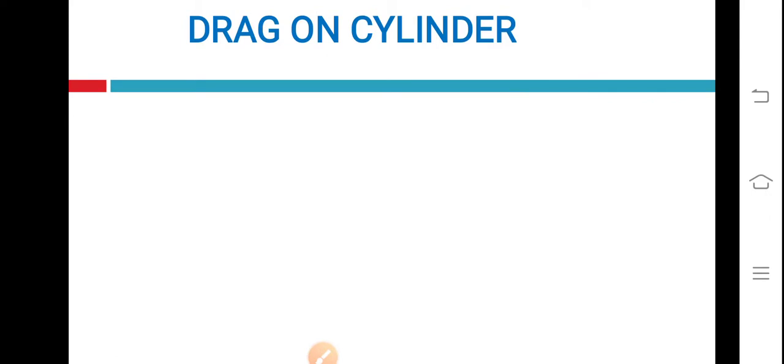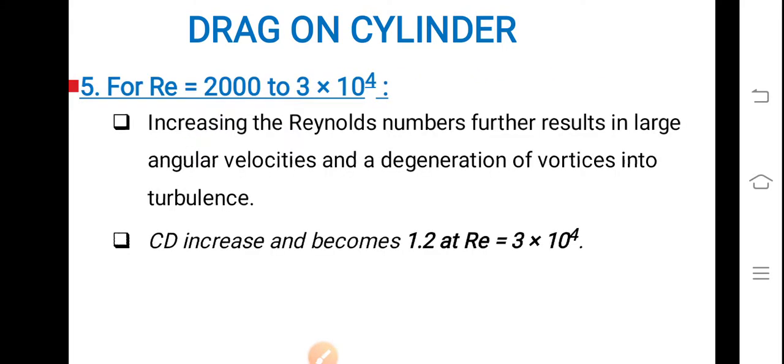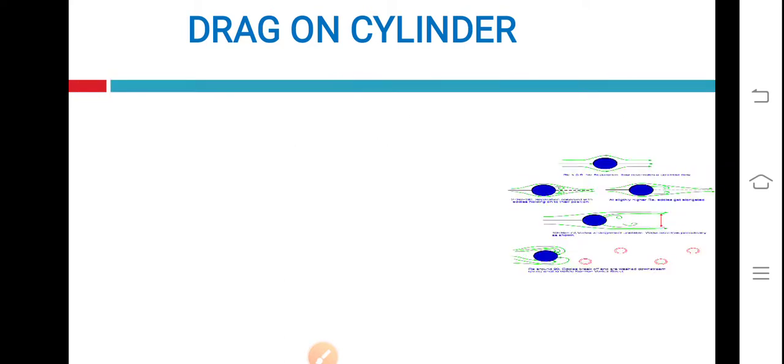Actually, Karman vortex trail, because these two vortices are formed after Re value exceeds 30, they will become unstable and wash down onto the downstream side. Again one pair of vortices is formed, you look at here.